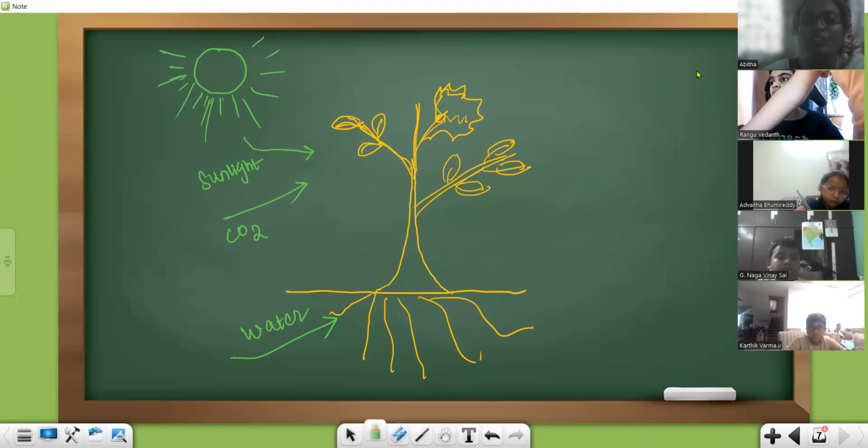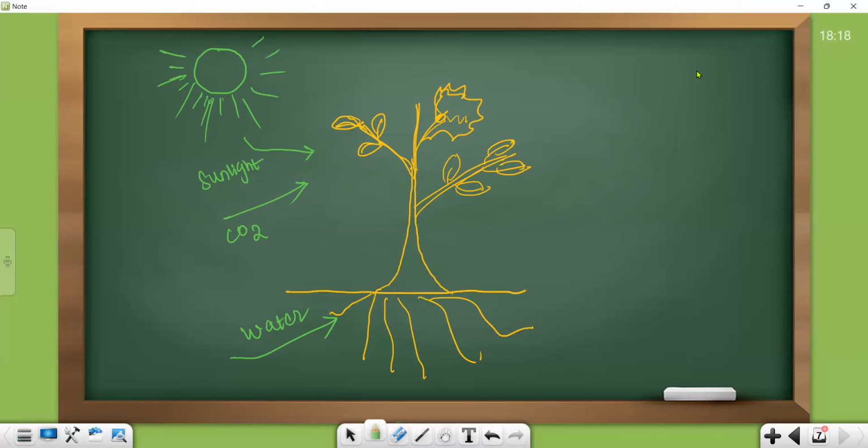Which part is preparing food? The leaf. In the leaf, you can find chlorophyll pigment. With the help of chlorophyll, the leaf prepares food.